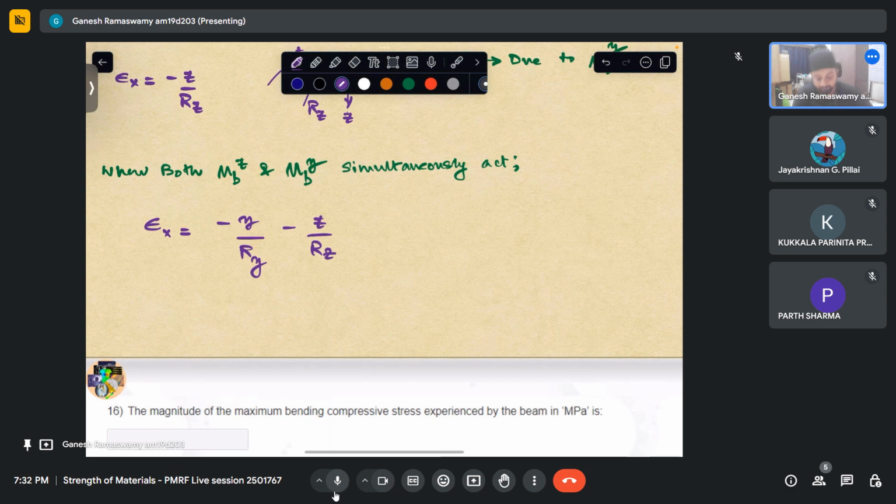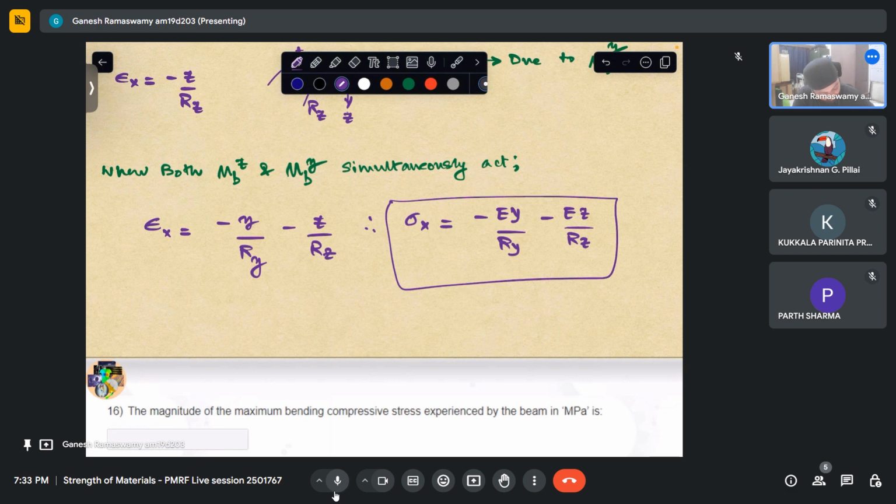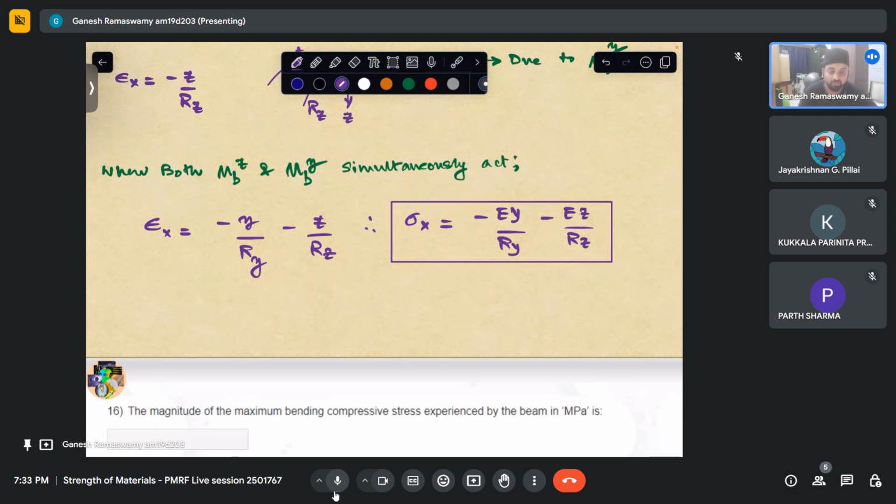So therefore, the stress sigma x can be written as minus Ey by ry minus Ez by rz. So this much I have got. That is, I have got the expression of strain as a function of the coordinates x, y, and z in the cross section, provided I know the radius of curvature in either direction.